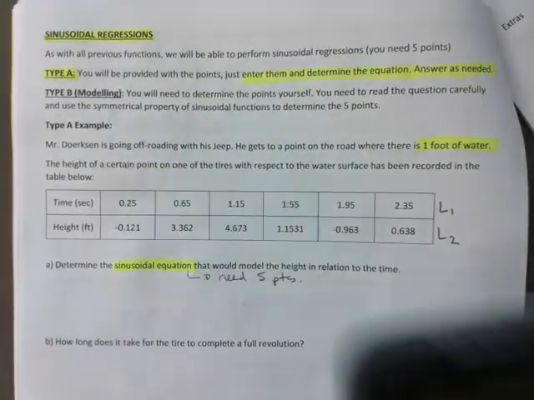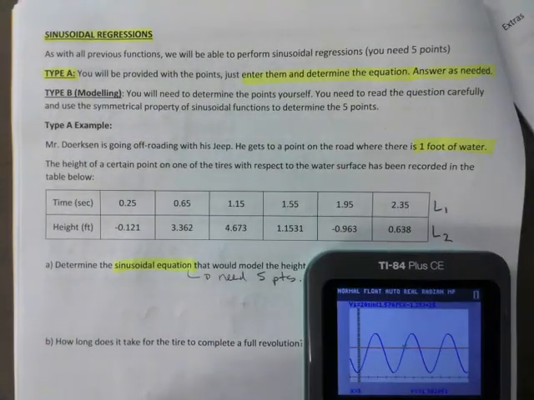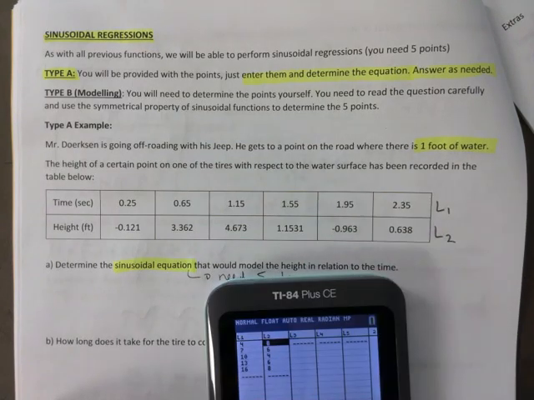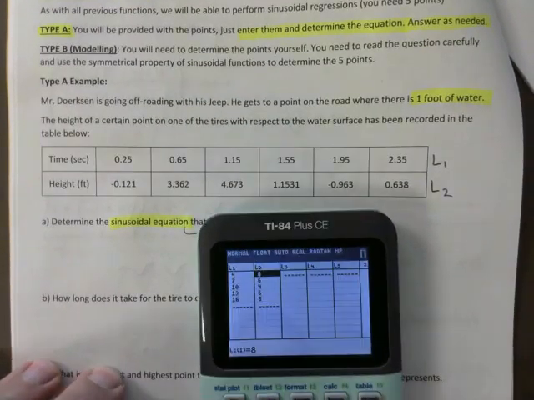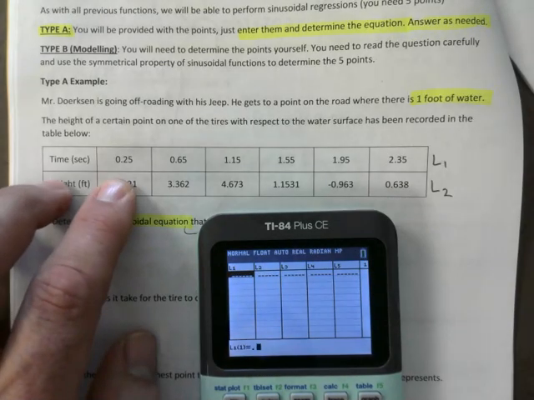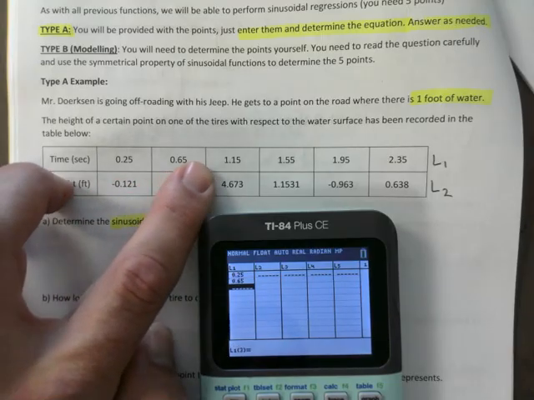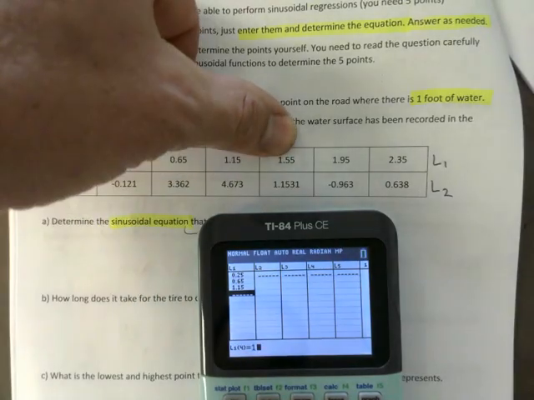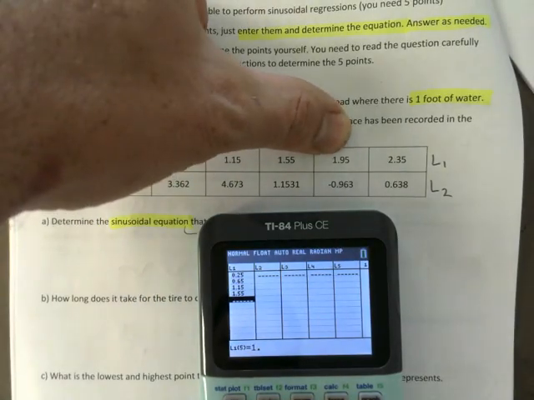So let's type that into our calculator and get the equation from this. Okay, so go ahead and do that. You press clear at the top of the column to clear everything. This is a horizontal table.